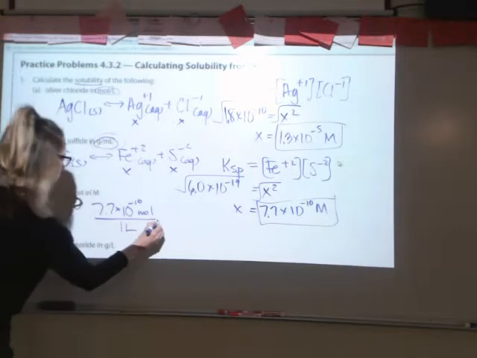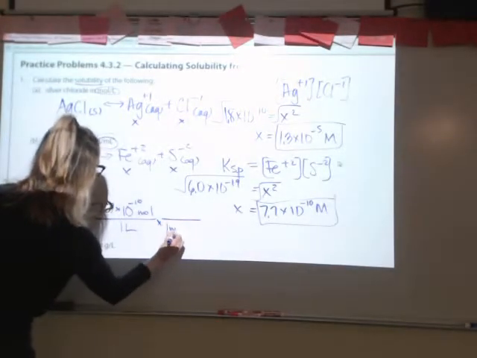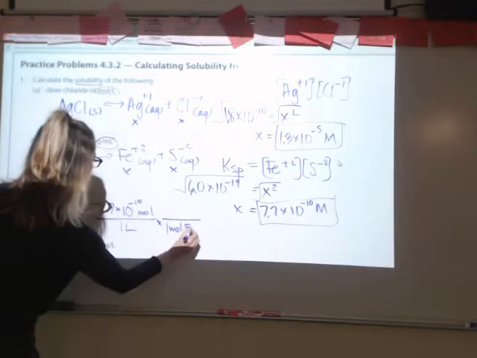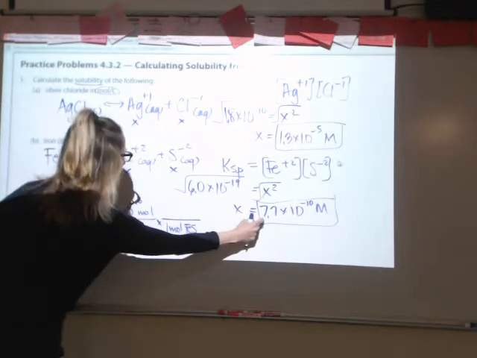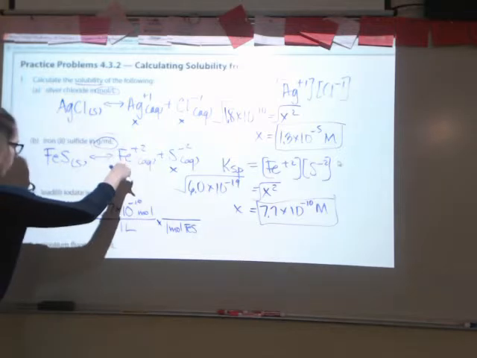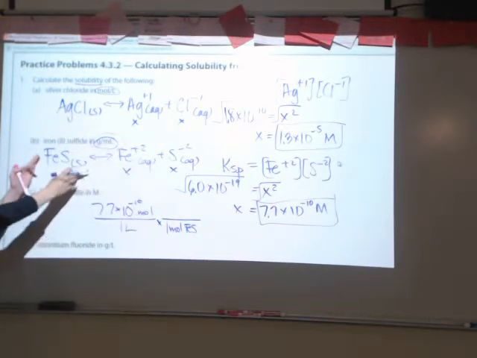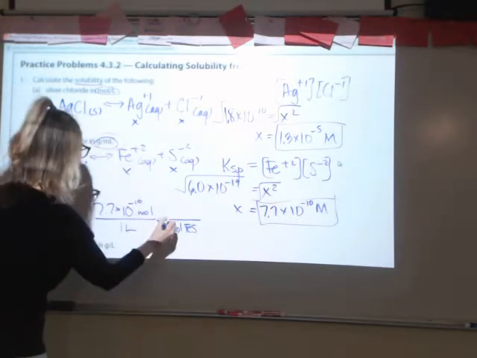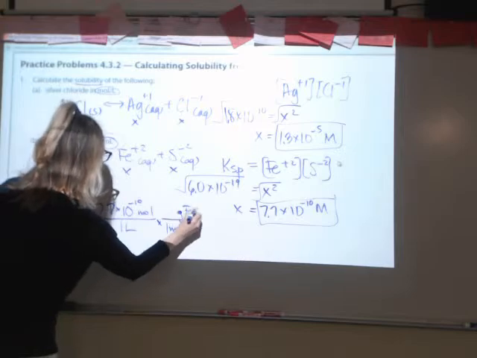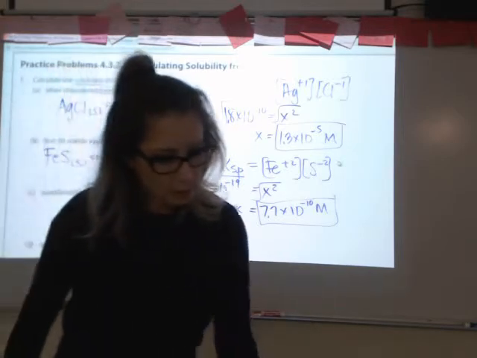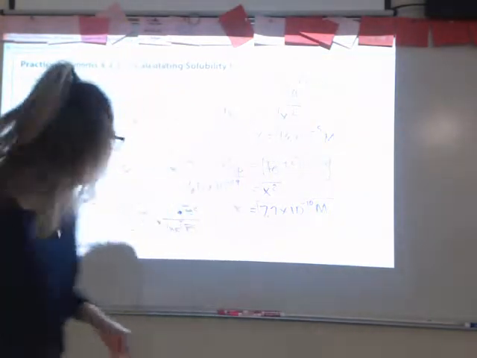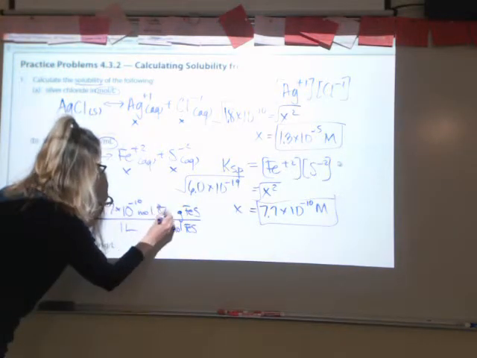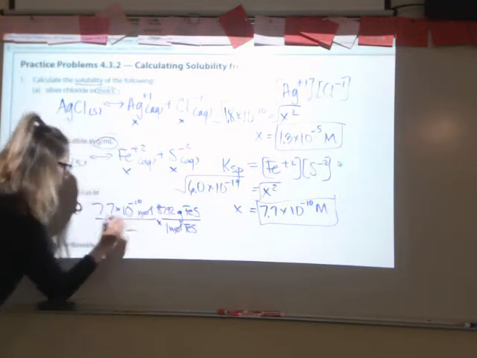Okay, so this is just unit canceling. 1 mole of, this is iron 2 sulfide, because whatever this concentration is, that's the concentration of this ion and this ion and this, okay? So that's going to be grams. The molar mass of FeS is 87.92, so moles will cancel.